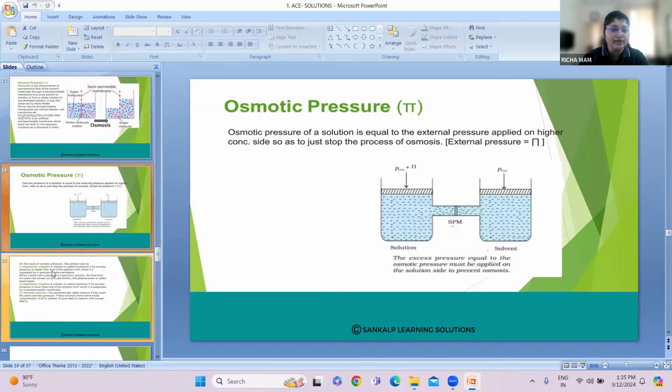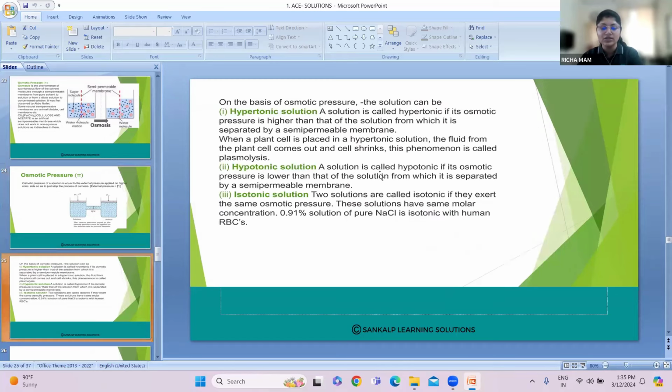Then we had discussed, based on osmosis and osmotic pressure, three types of solution: hypertonic, hypotonic, and isotonic. Can anyone tell me what are isotonic solutions? What do you mean by isotonic solutions?